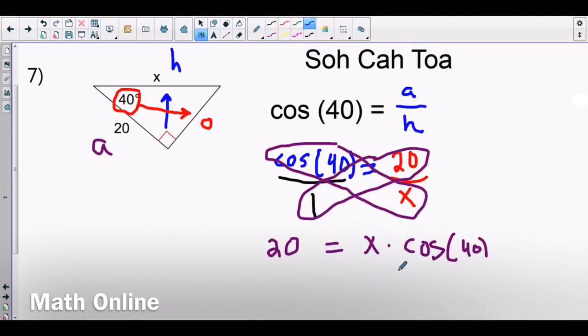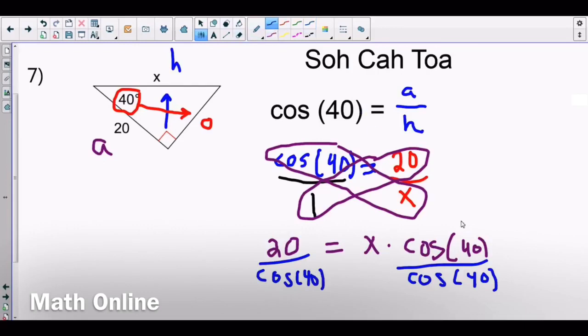We want x by itself, so we need to get rid of cosine of 40 degrees. So let's divide by cosine of 40 degrees on both sides, okay? So there it is, and we go ahead and simplify this.